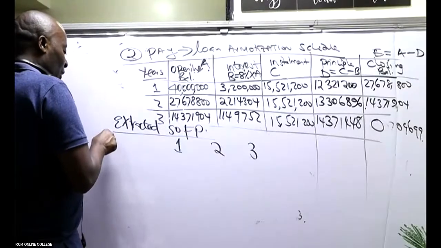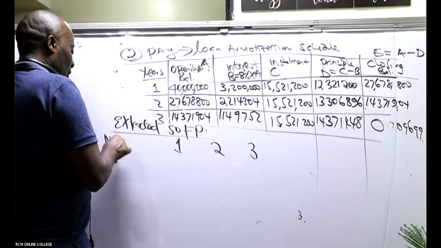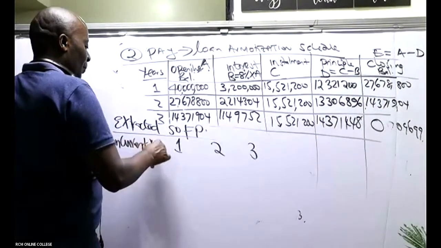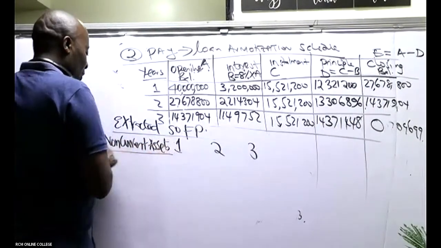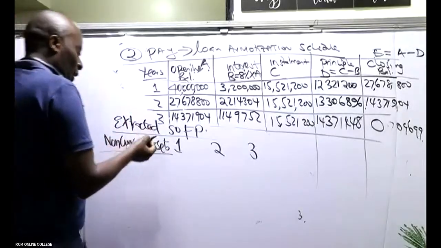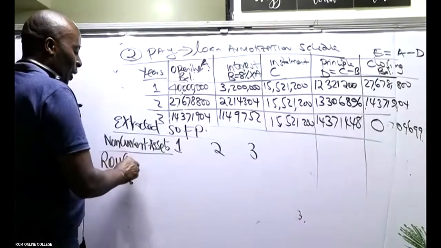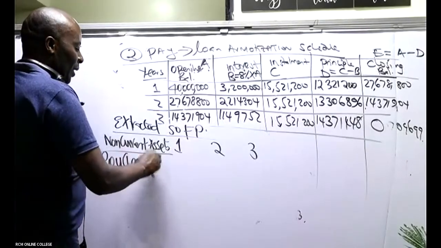So first of all, you start with non-current assets. The non-current assets, you shall always begin with this leased asset. We call it ROU, right of use. You can just simply put there as leased asset.